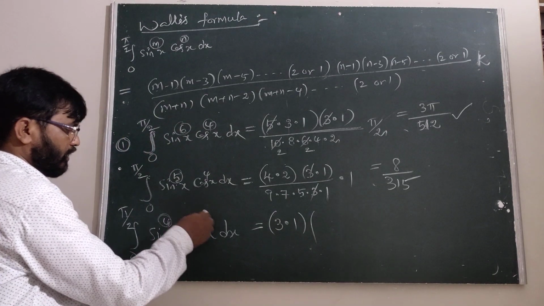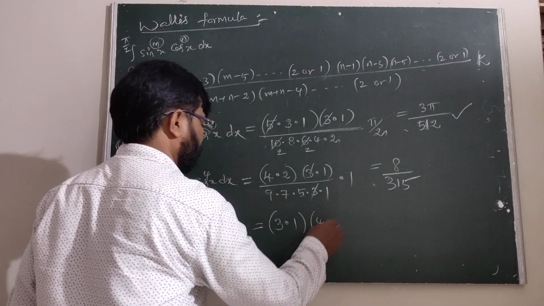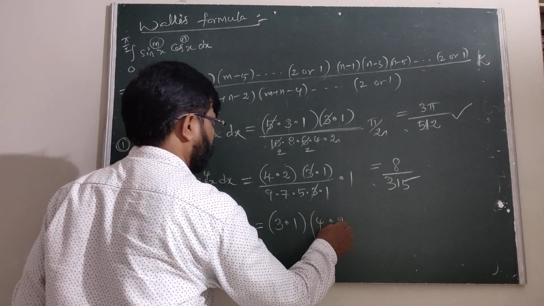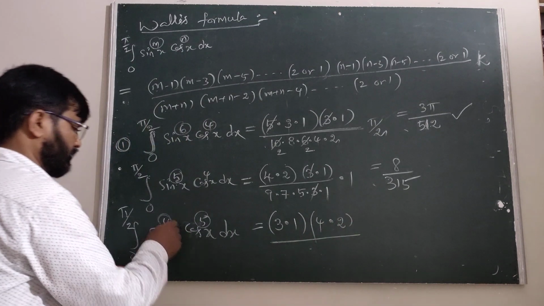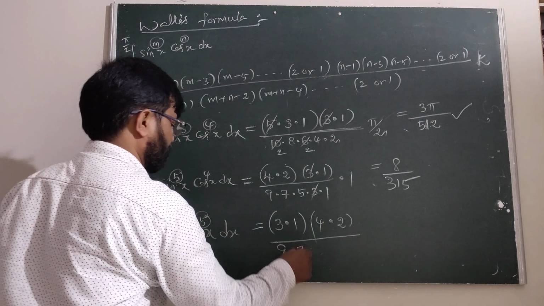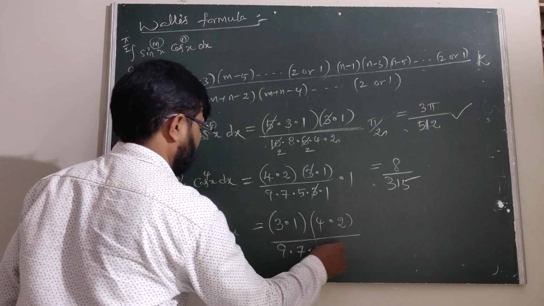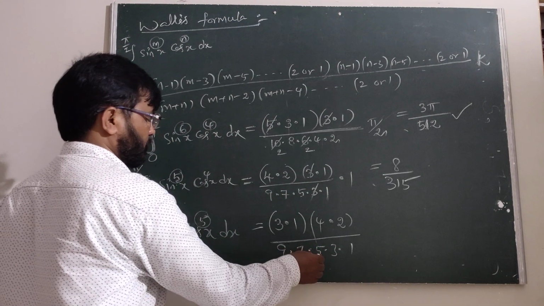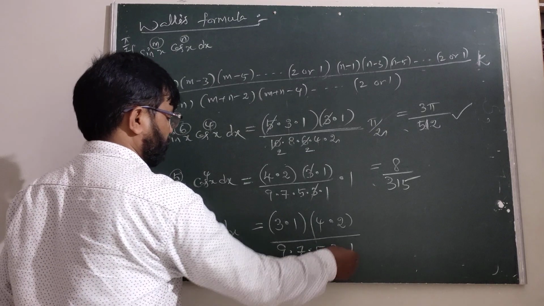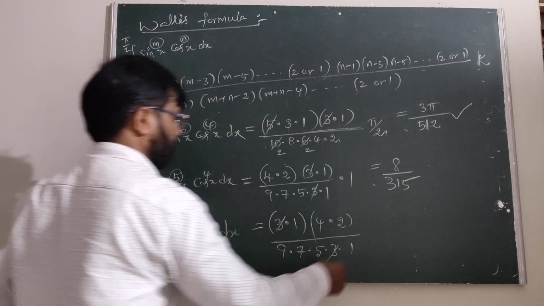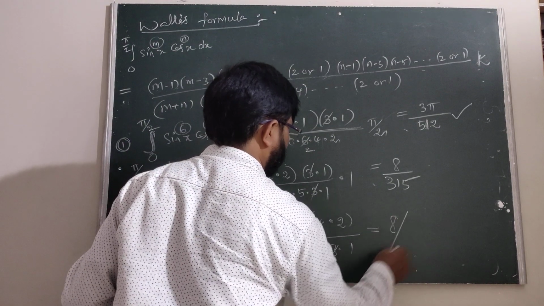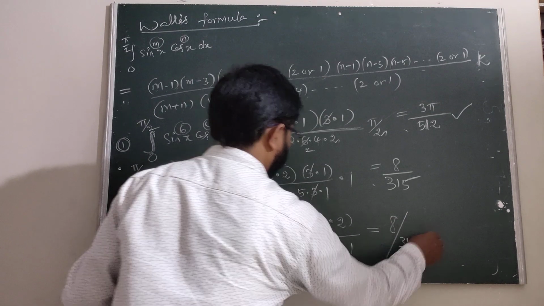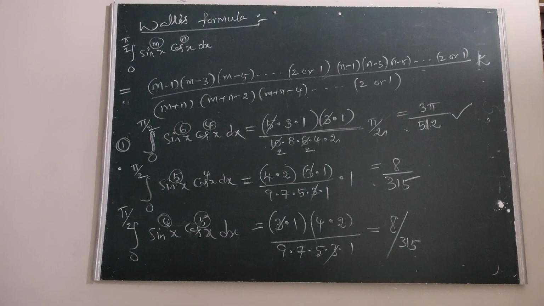Similarly 5 minus 1 is 4, and 4 minus 2 is 2. Then in the denominator we write 9, 7, 5, 3, 1. The 3 cancels, and again this is 8 by 315.